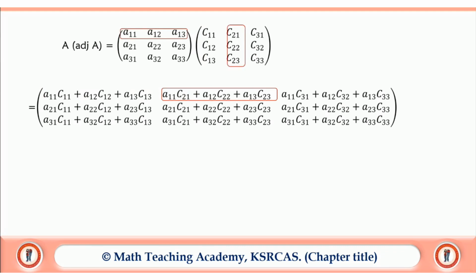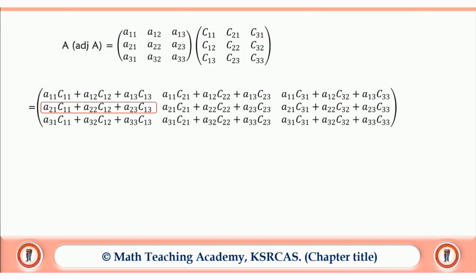So A11 into C21 plus A12 into C22 plus A13 into C23. And this element is located in the first row and the third column, which comes from the product of the first row and the third column. So A11 into C31 plus A12 into C32 plus A13 into C33.